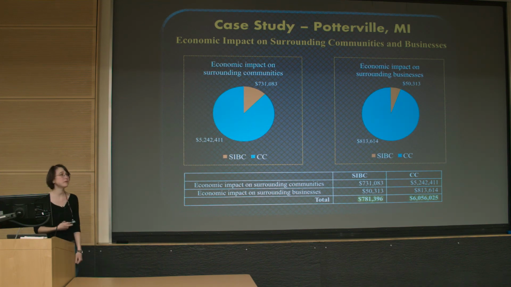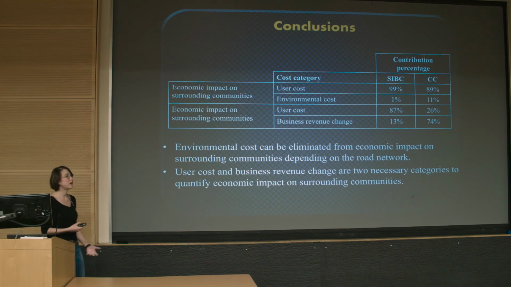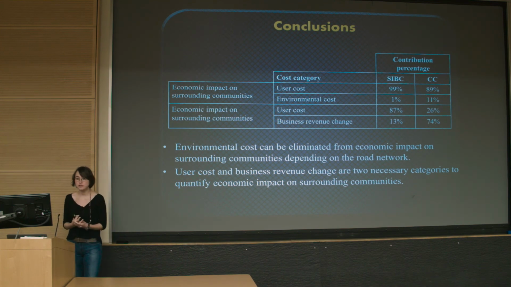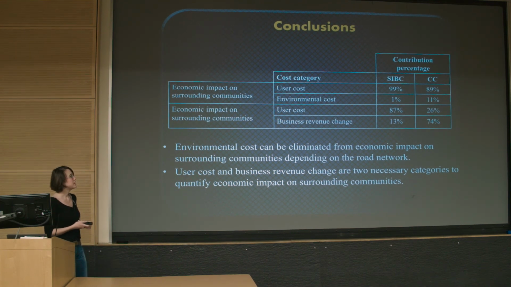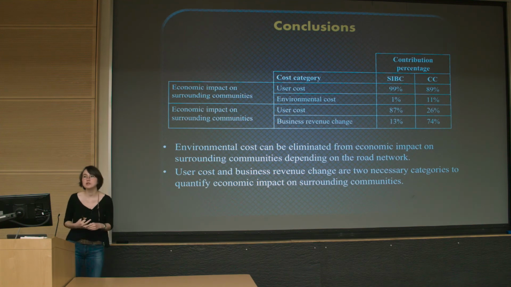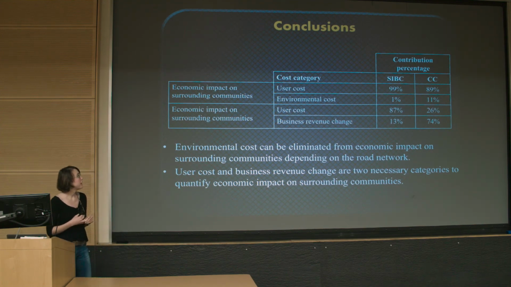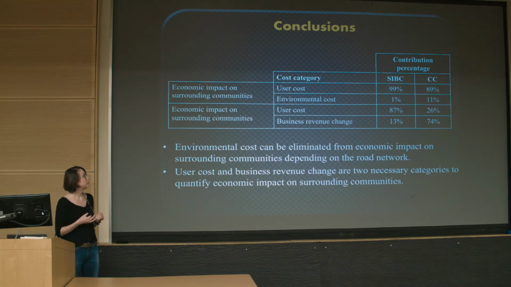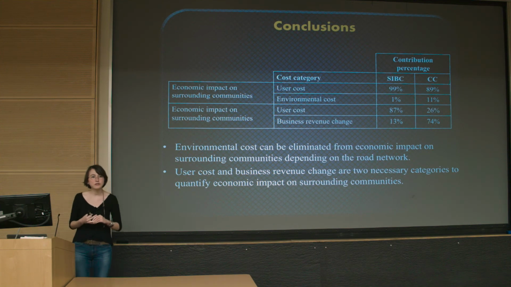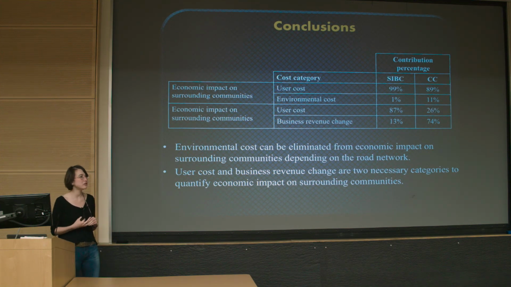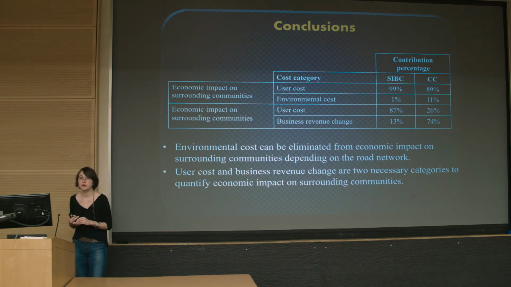We tried to find some ways to simplify this procedure and see the contribution percentages of each cost category. We deduced that environmental costs can be eliminated from the quantification model with rural networks.